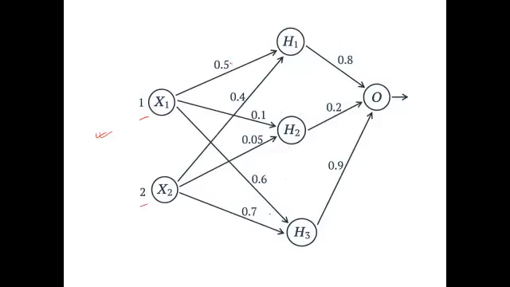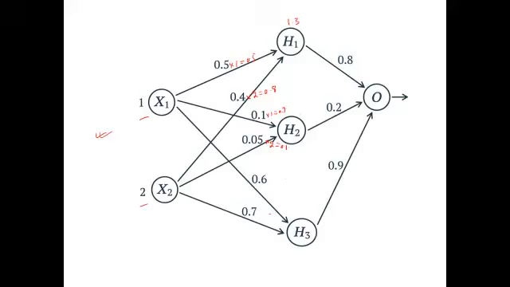This one will be multiplied by this 5 to get 0.5. Similarly, this 2 will be multiplied by this 0.4 to get 0.8. So 0.5 plus 0.8, we will get 1.3 here. Now this one will be multiplied by this 0.1 to get 0.1, and this 2 will be multiplied by this 0.025 to get 0.1.